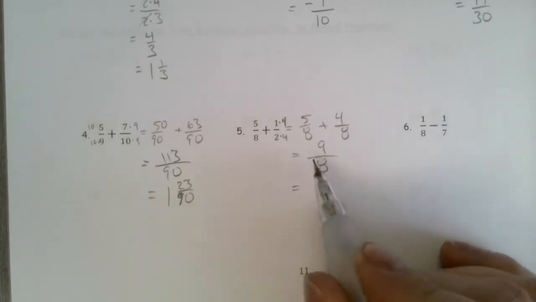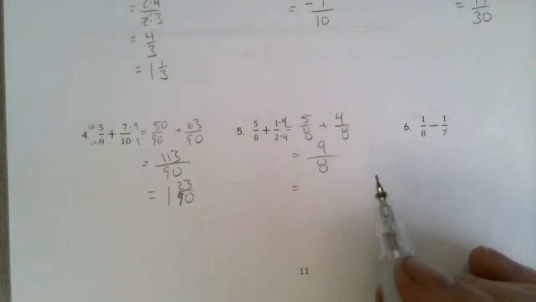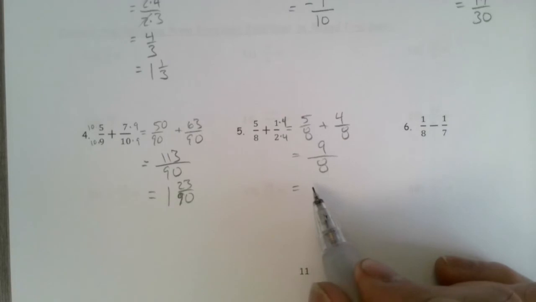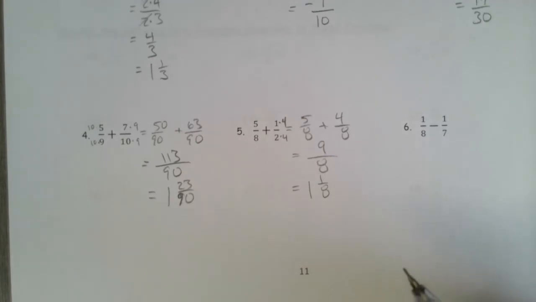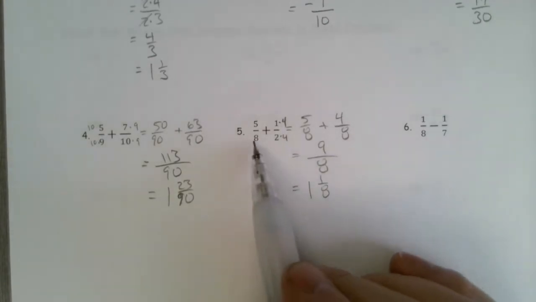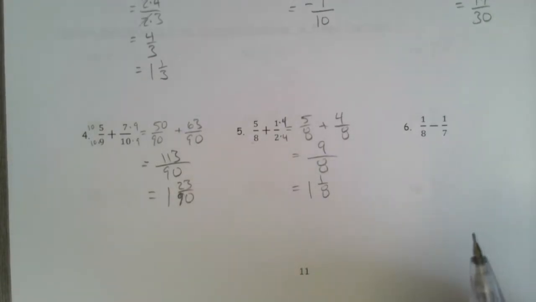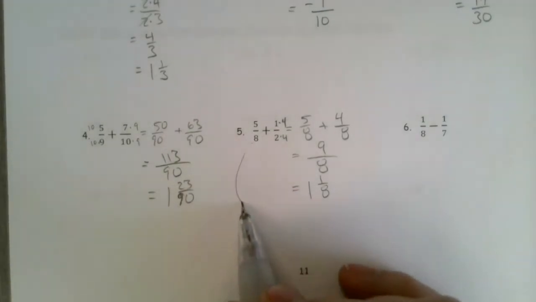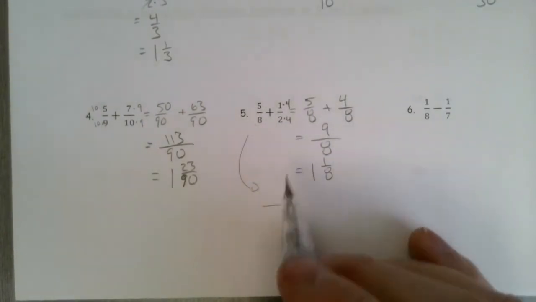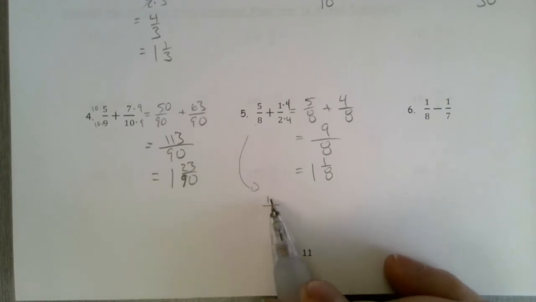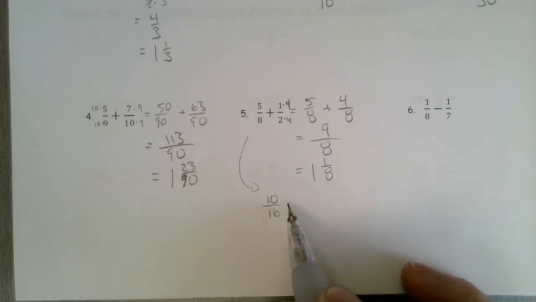And so 9 and 8 don't have any common factors, but I can convert that into a mixed fraction. 9 divided by 8 is 1, with 1 left over. Now, could I have gotten to the same place by multiplying the two denominators together? Yes. If you want to see what that would look like, 5/8 would have become, if you multiply denominator and numerator by 2, 10 16ths.